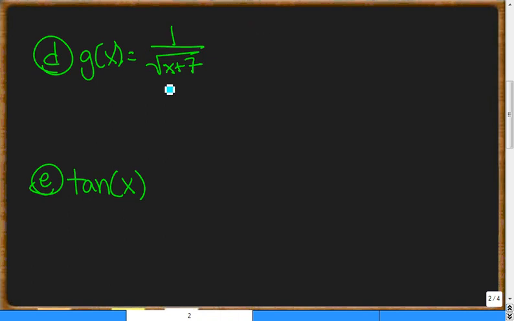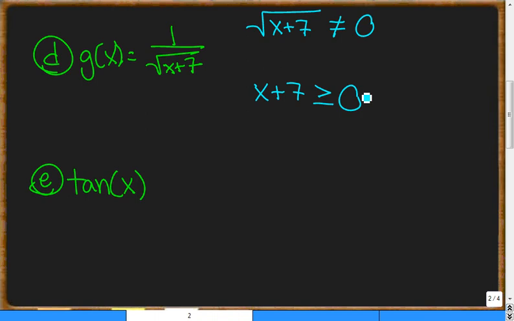So I know that the whole denominator cannot be 0. So I've got the square root of x plus 7 cannot equal 0. It's not allowed to happen. Also, I cannot have the even root of a negative number. So x plus 7 has to also be greater than or equal to 0.